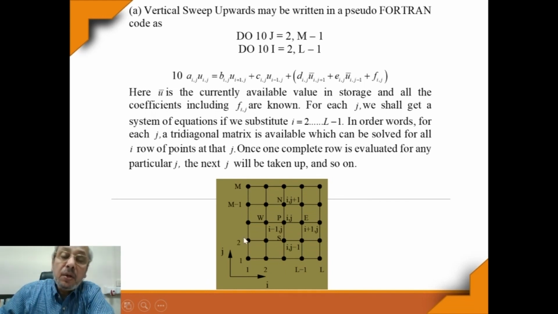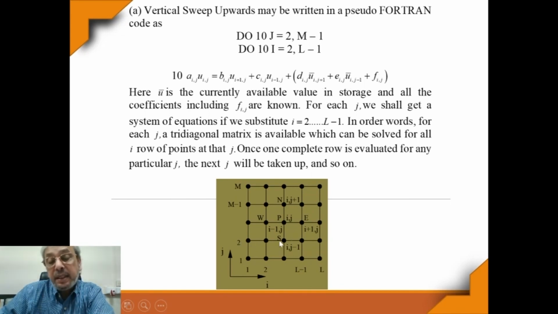Whereas when we are setting this loop, these barred quantities, u bar, are the currently available values in storage, and all coefficients including fij are known. So we assume j plus 1, j minus 1, fij are known.